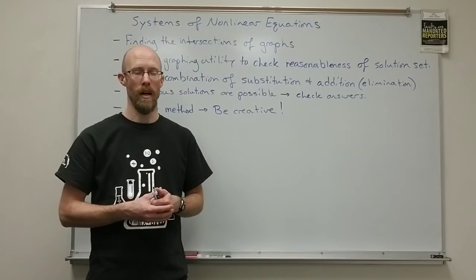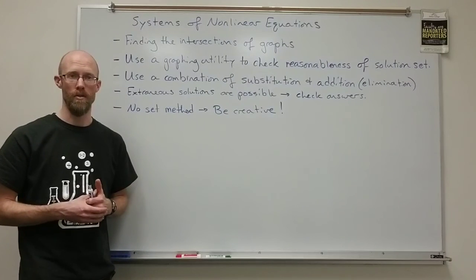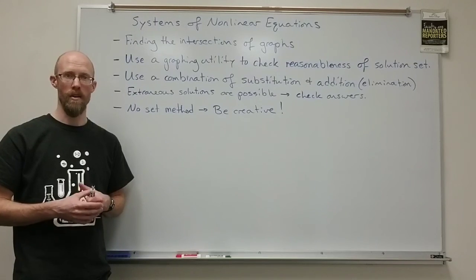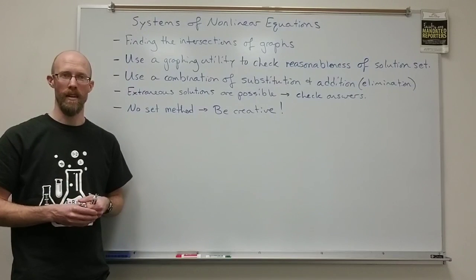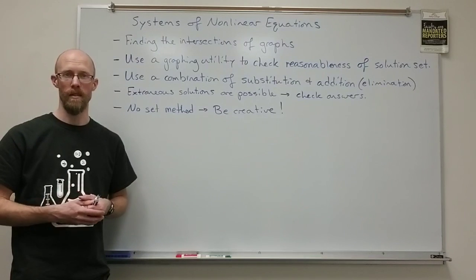All right, and again, it's going to take some creativity to work through those. So we'll look at a couple examples coming up in the next few videos, and hopefully give you enough ammunition to be able to tackle the homework and ultimately the tests.